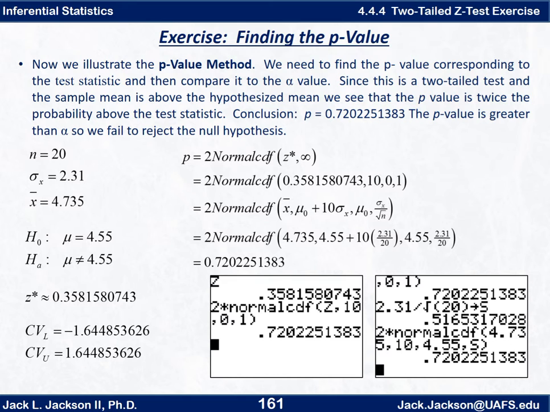So p is 2 times normal CDF of z star to infinity. Instead of infinity on our calculator, since it's a standard normal, we can just put in 10, 0, 1, and that gives us our p-value. Notice this is absolutely equivalent to just using our x bar value up to infinity, or mu naught plus 10 sigma, roughly.